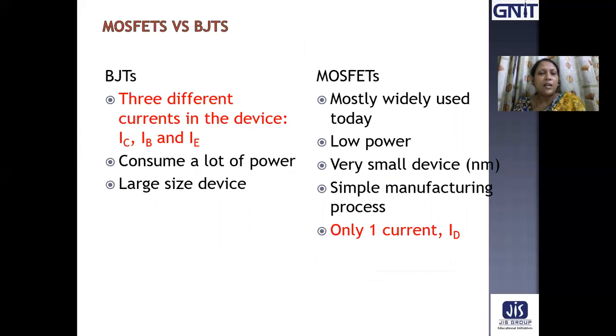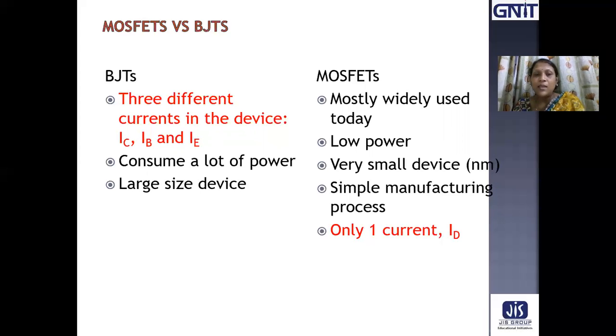So this is the difference between MOSFET and BJT. BJT has three different currents in the device: IC collector current, IB base current, IE emitter current, and it consumes a lot of power and has a large device size. But MOSFET, mostly widely used today, is low power and of small device dimension, of the order of nanometers. 1 nanometer, 2 nanometer level MOSFET is also available in the market nowadays, with a simple manufacturing process.